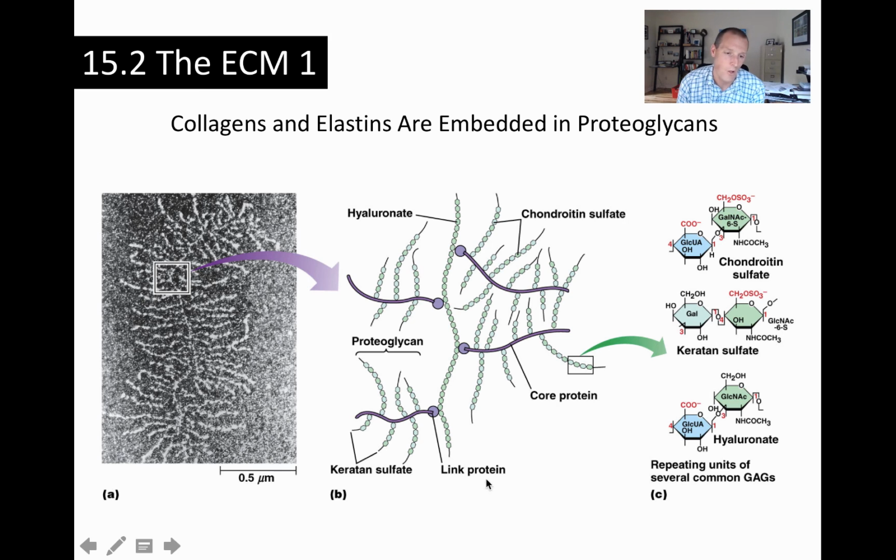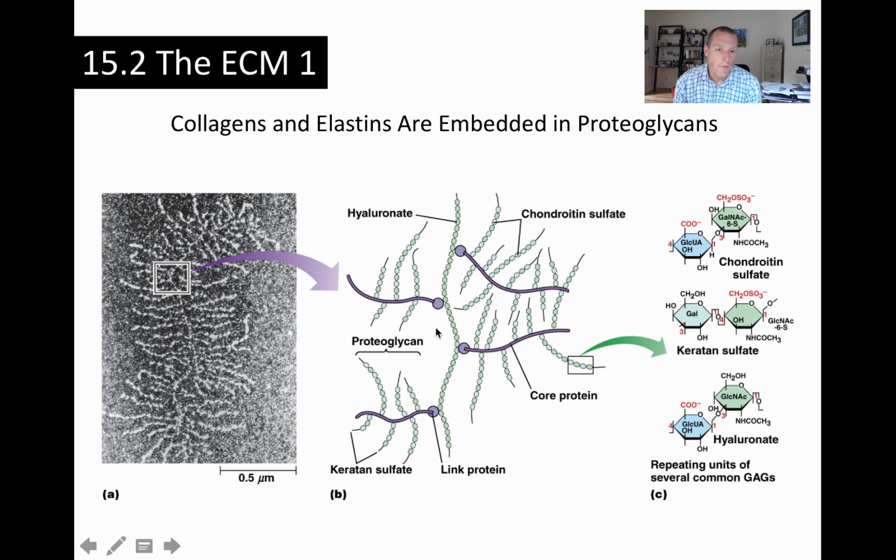All you really care about is you've got these repeating disaccharides of sugars, things like N-acetylglucosamine, and galactose can be thrown in there, glucuronate. So all kinds of different sugars can be used to form these chains of disaccharides, like hyaluronic acid and chondroitin sulfate.